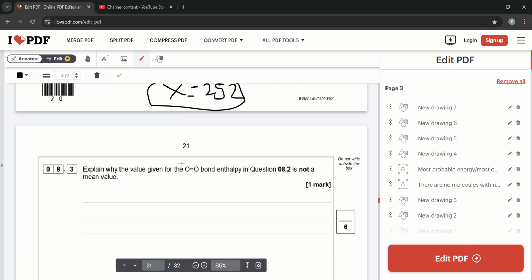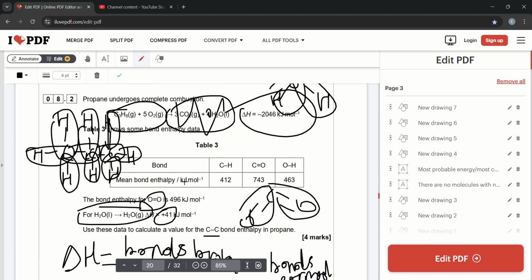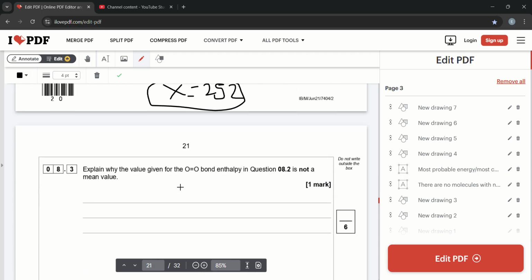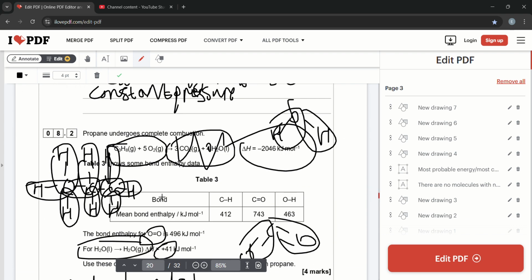And then 8.3, explain why the value given for the O double bond O bond enthalpy, 496, is not a mean value, whereas the rest of them are mean values.